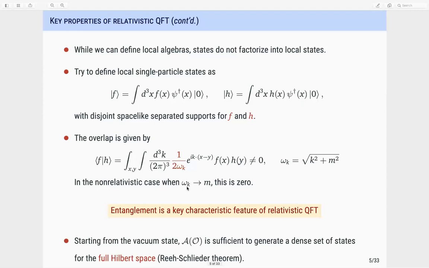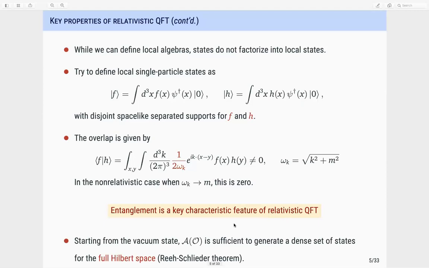But in a relativistic theory, where ω has this k dependence at high k, this is no longer 0, which tells us that there is correlation of these functions over long distances, even at space-like separation, which tells us that we cannot really define local single particle states. That's just one example of how factorization of states would fail. So entanglement, we have to conclude, is a key characteristic feature of relativistic field theory.